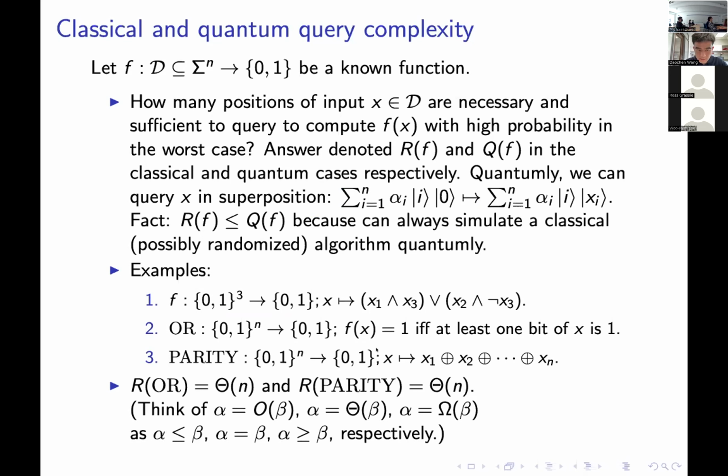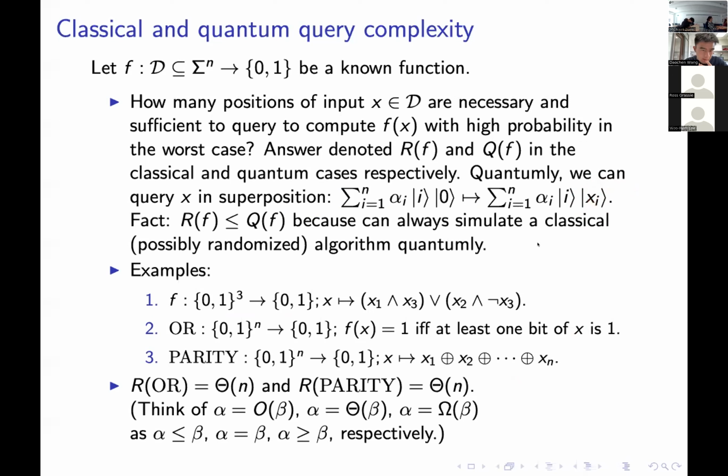Quantumly, we can query x in superposition. That is, we can feed into the algorithm a superposition over the indices i with amplitudes alpha_i, and we can get out that same superposition, but now with the value of the input x loaded into a second register. So that's the x_i here.